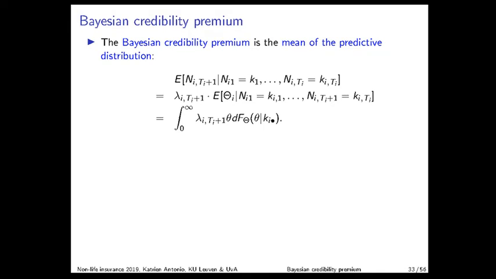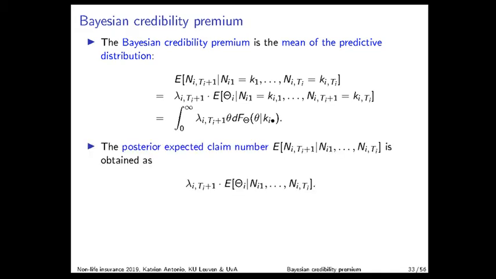Rewriting this expression by either applying the tower rule or by working with the predictive distribution of n_i,ti+1, we find the so-called Bayesian credibility premium. And this is the posterior expected claim number.